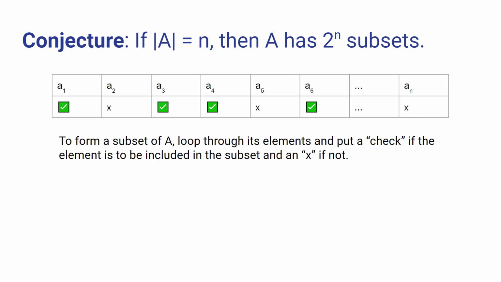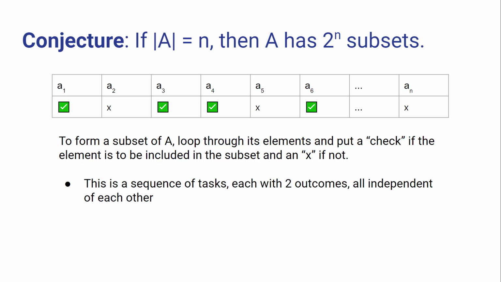Now, every subset of A can be created with such a ballot, so if we can count the number of possible ballots that could be made out, we'll have counted the number of possible subsets of A. In other words, there are exactly the same number of subsets of A as there are ballots used to create the subsets. So, how many ballots are there? Well, filling out one of these ballots is a sequence of tasks of putting checks or X's underneath each of the elements.